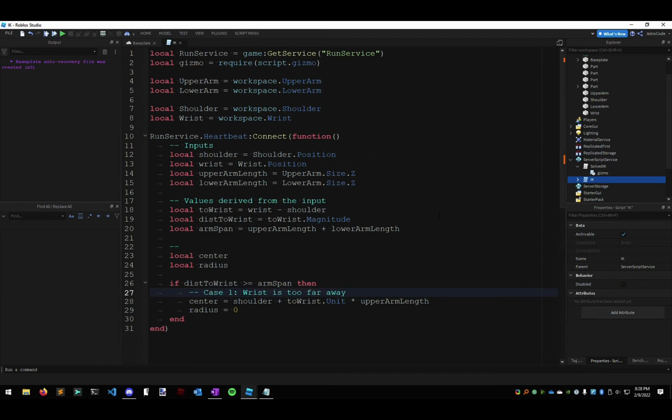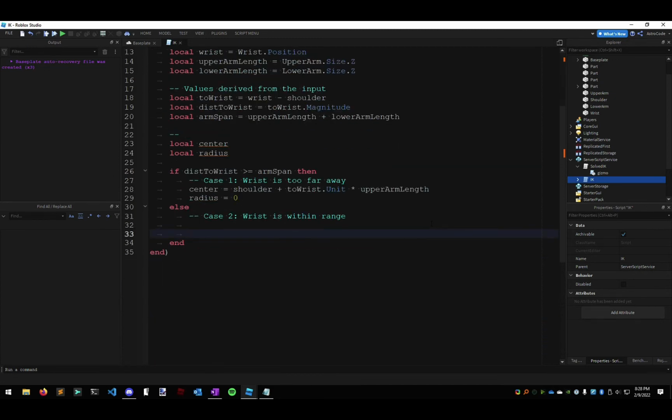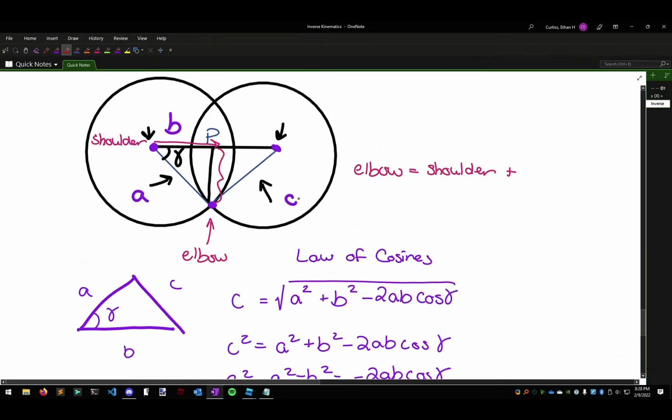But then let's get to the more interesting case of what if we can actually reach it. In this case, we use our law of cosines.